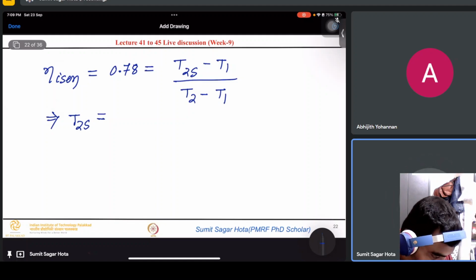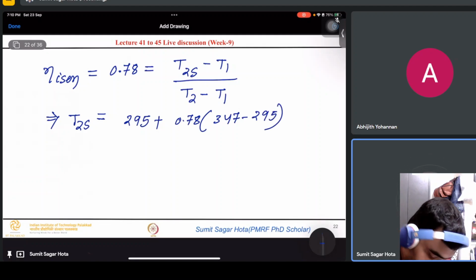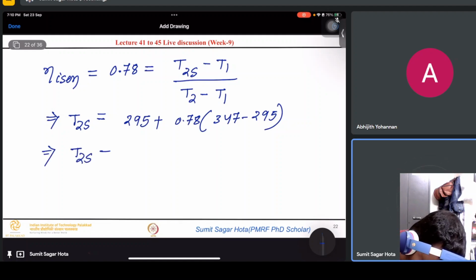T2s is equal to T1, 295, plus 0.78 times T2 minus T1, where T2 is 347 and T1 is 295. When you solve it you get T2s as 335.56 Kelvin.